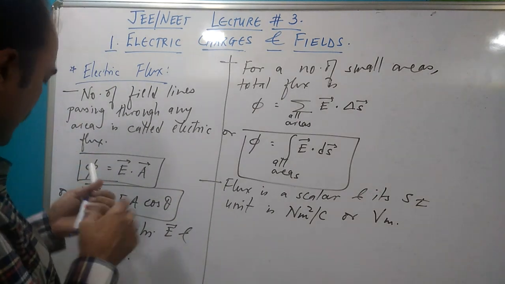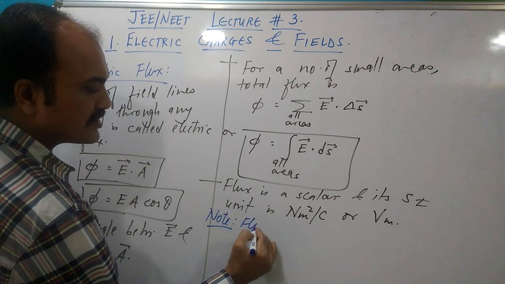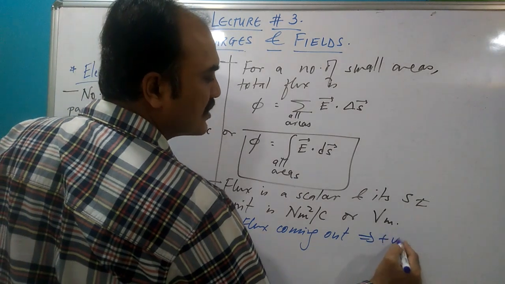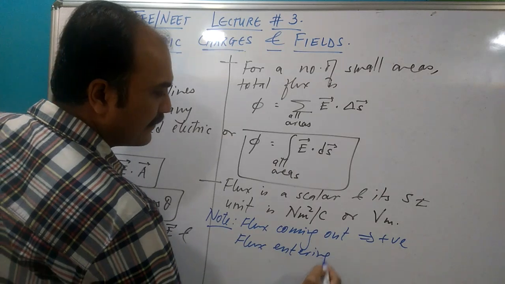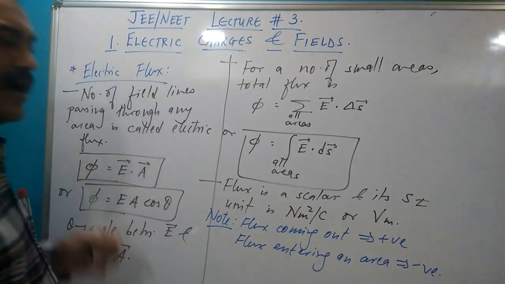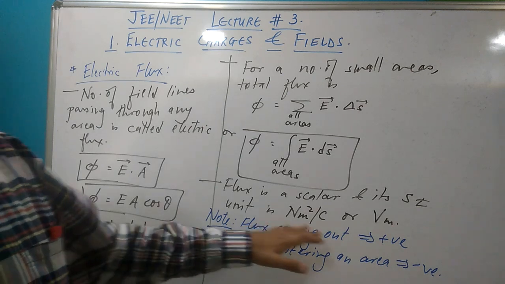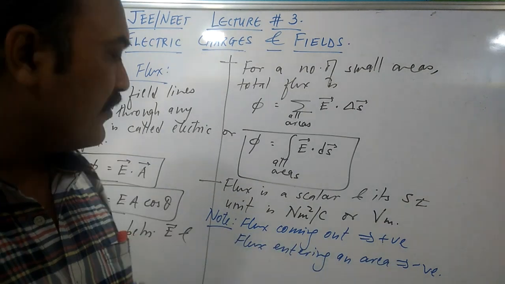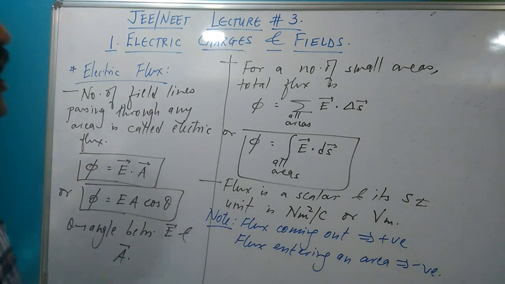Also note, flux coming out of an area is termed positive and flux entering an area is termed negative. I base this on the idea that flux which is coming out is good. It's a good amount of flux which comes out, so that is considered positive, whereas flux which enters anything is taken negative. Here, this is the concept.